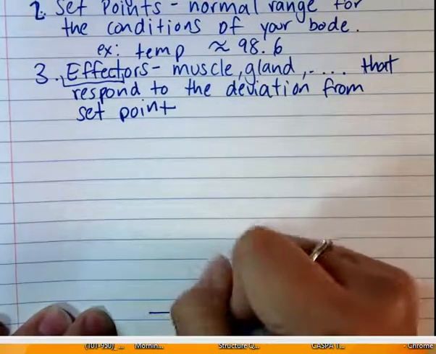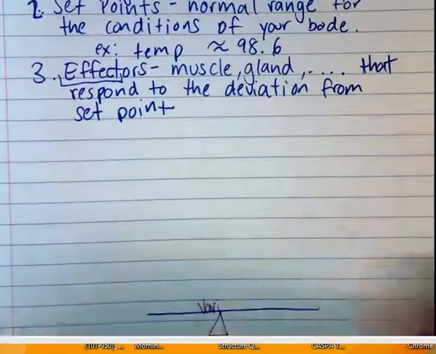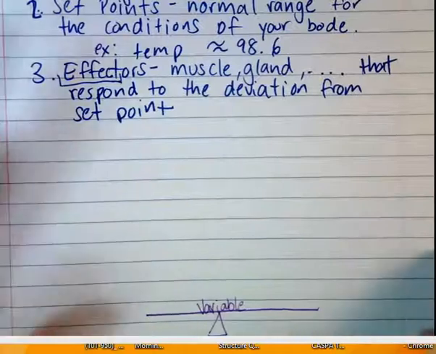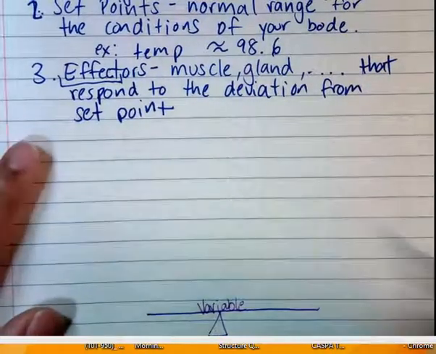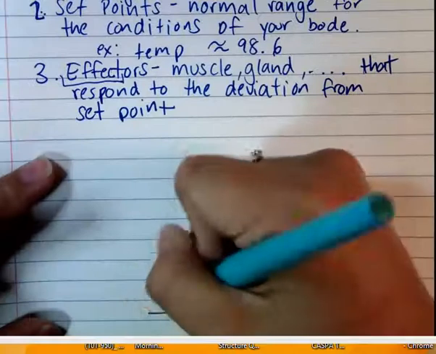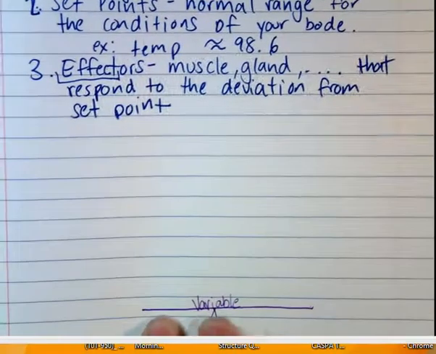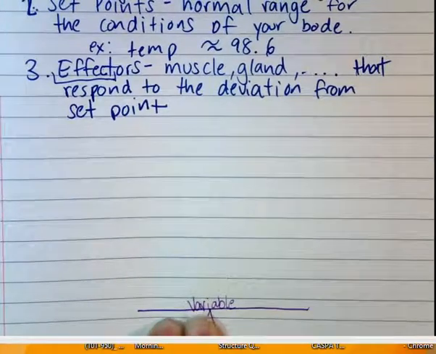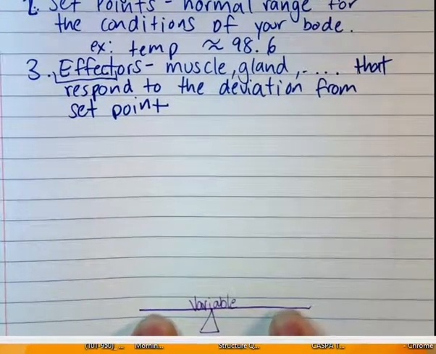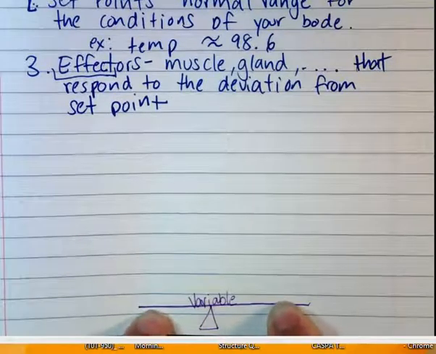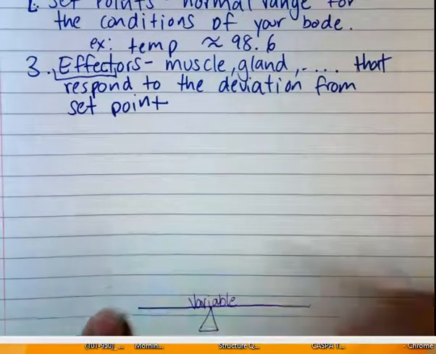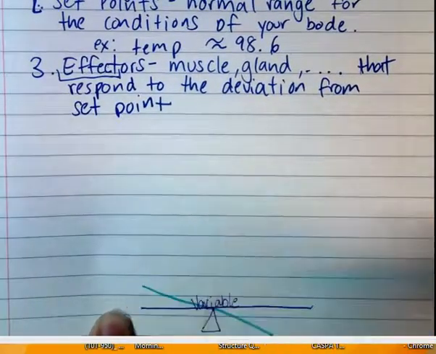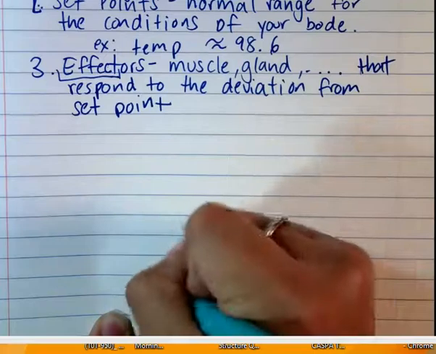It could be, for example, temperature. Then if something happens that creates an imbalance, so we have our condition or our internal environment at a certain equilibrium, and that changes and becomes imbalanced, you are going away from homeostasis.